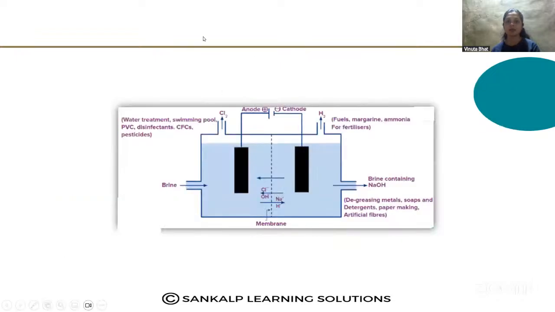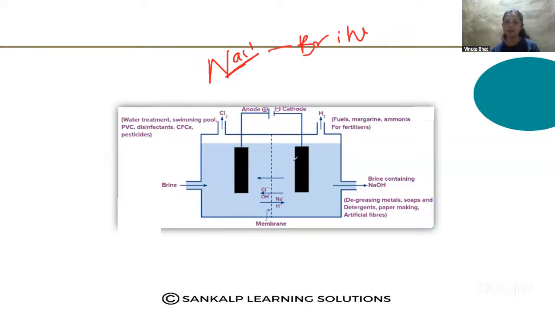Yes, this is the experiment. Already we have completed this, right? I completed this in the last class, but just recall this. Here, an aqueous solution of sodium chloride, NaCl, is used. That is also called brine solution.